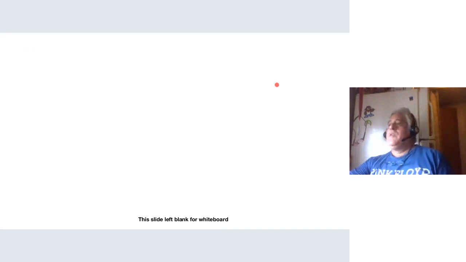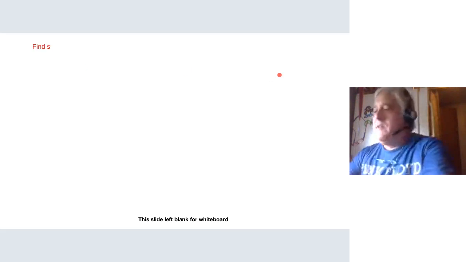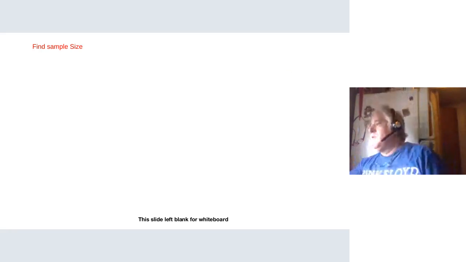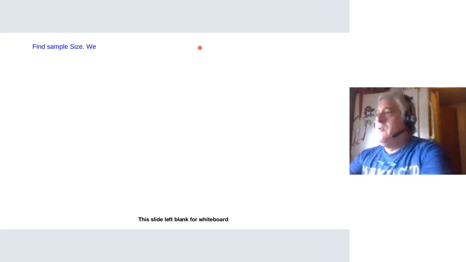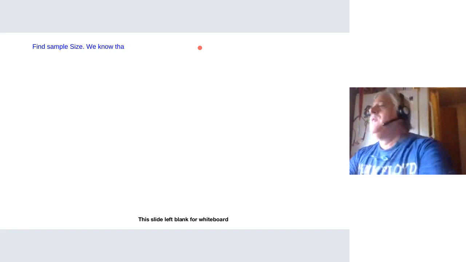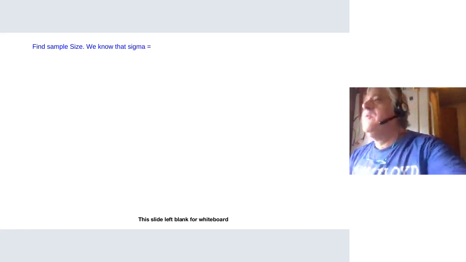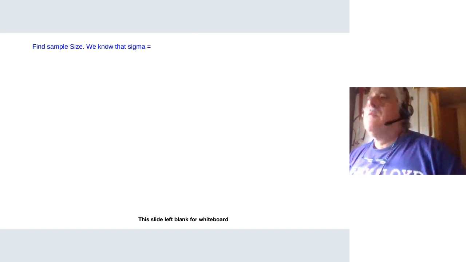All right, so this is finding sample size. I don't know why this thing always defaults to red, but all right. We know that sigma is equal to 3.